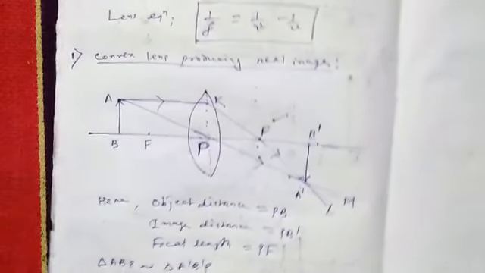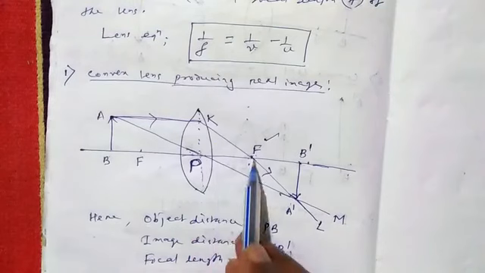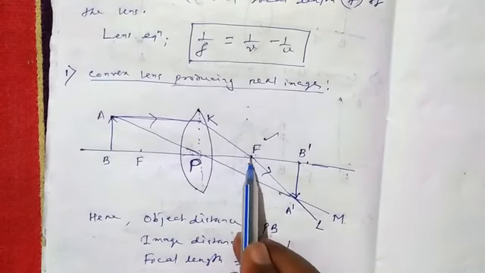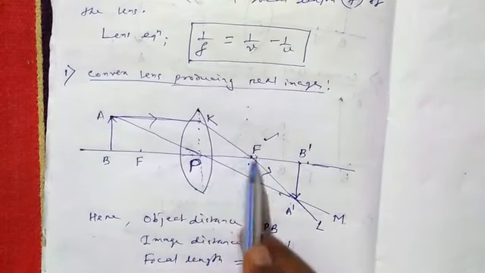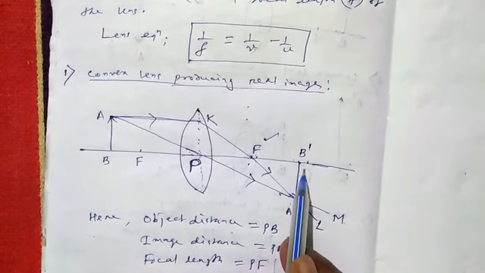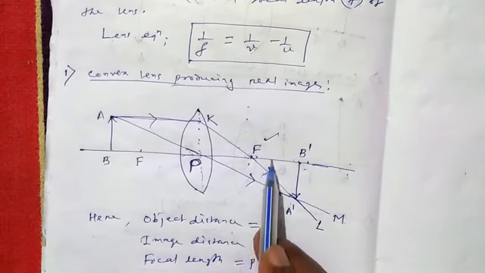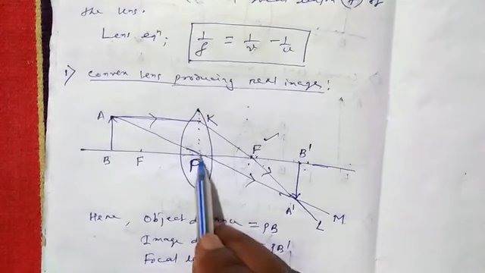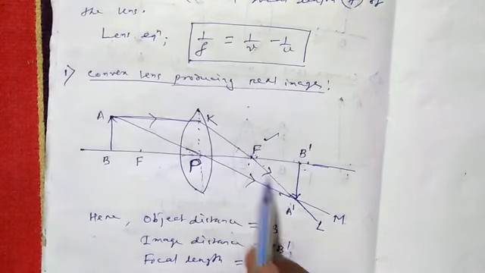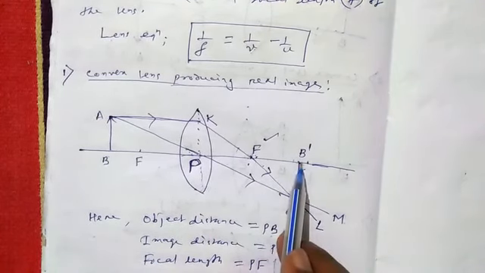Similarly, KPF and A dash B dash F are similar. In KPF, this angle is 90 degree, B dash angle is 90 degree, and this angle is equal to this angle. So obviously PKF angle will be equal to F A dash B dash angle.